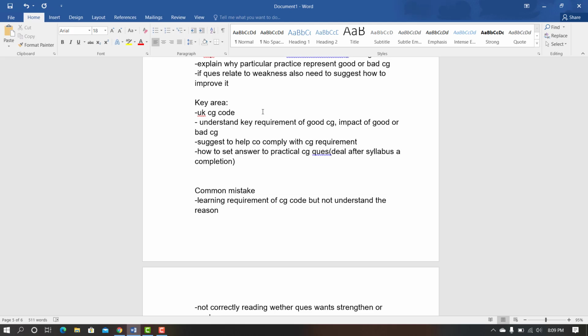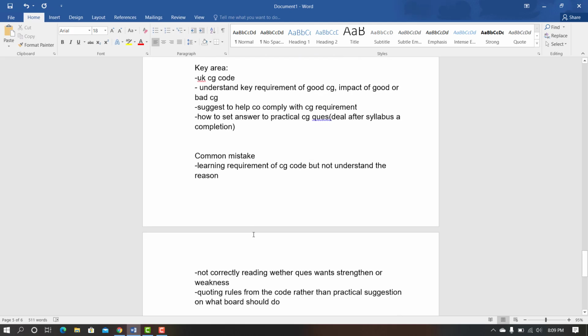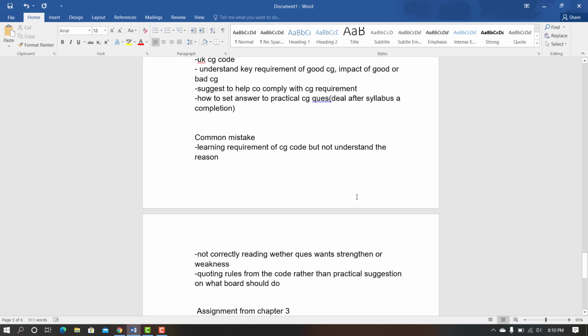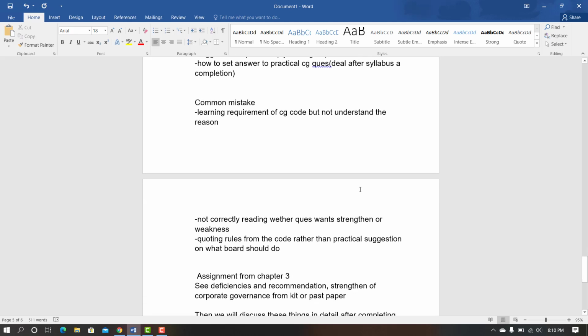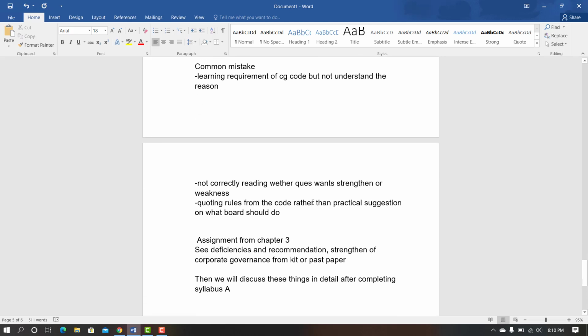I'll give the assignment. Common mistakes that students make here are learning the requirements of the corporate governance code but not understanding the reason. They will learn it by heart but won't understand the reason for it. Another is not correctly reading whether the question is about strengths or weaknesses of corporate governance. As students practice only weaknesses of corporate governance, they don't read the question carefully.